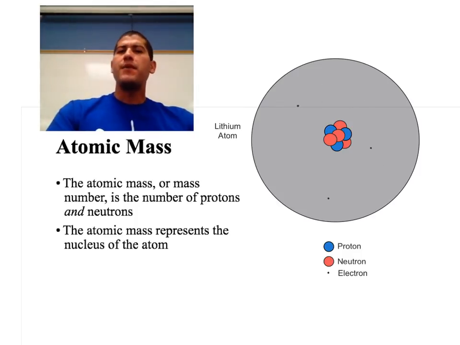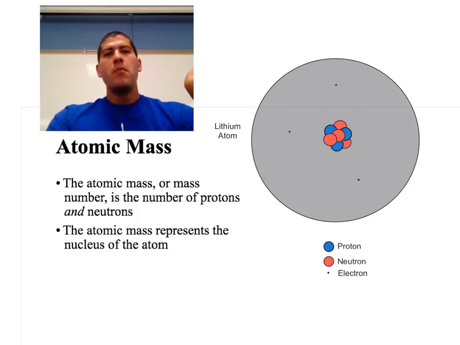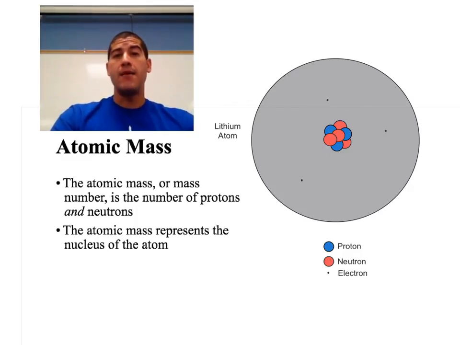The second way that we can describe an atom is by its atomic mass, or the mass number of the atom. The mass number is the number of protons and neutrons that the atom has. Both protons and neutrons have a mass of 1 AMU, if you'll recall from our first video.